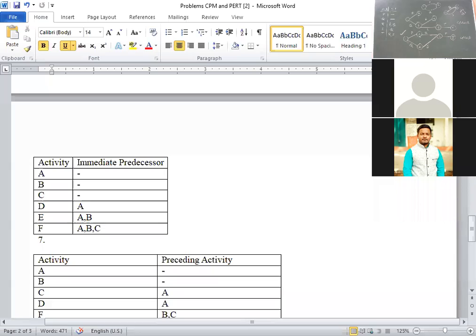Everybody take 1 minute time and draw the network diagram. Try it out, everybody. Seventh problem.